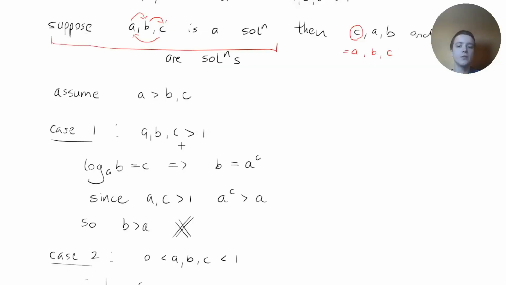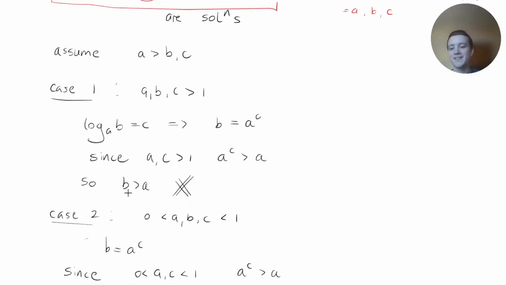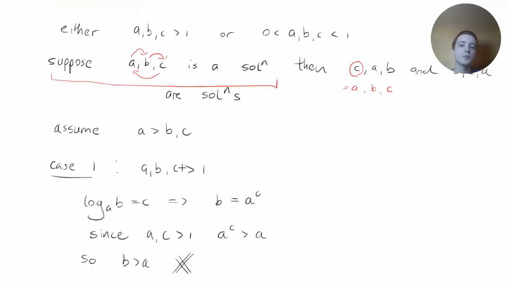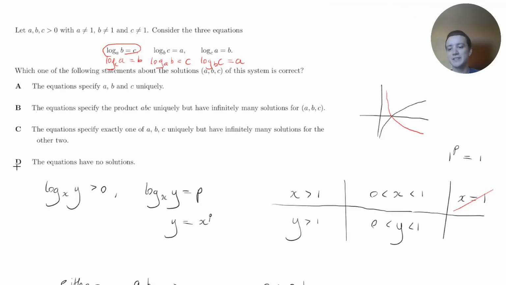What we've essentially shown is that if there is a solution, we can take a set of logical steps and reach something that mathematically is nonsense. In both cases, we're showing that A is bigger than B, but B is also bigger than A, and that's not allowed. So the only possible conclusion from this is that the answer is D, and there are no solutions.